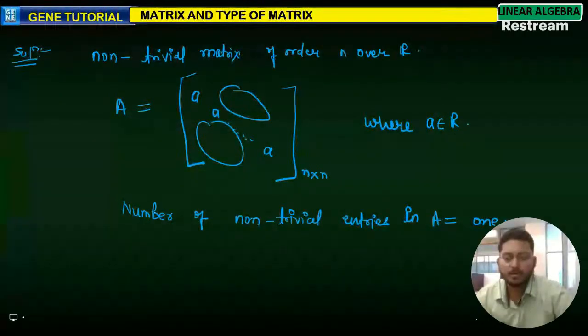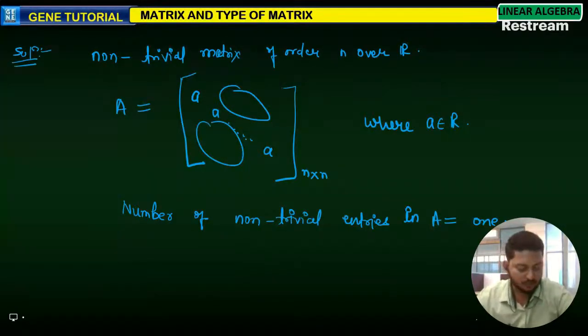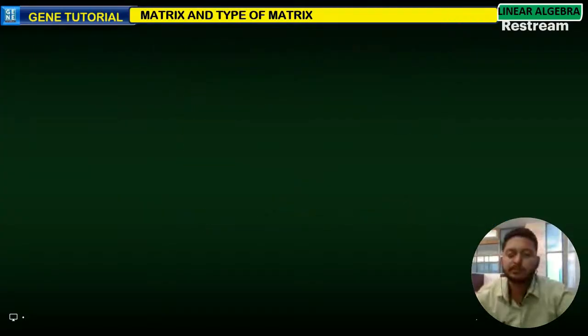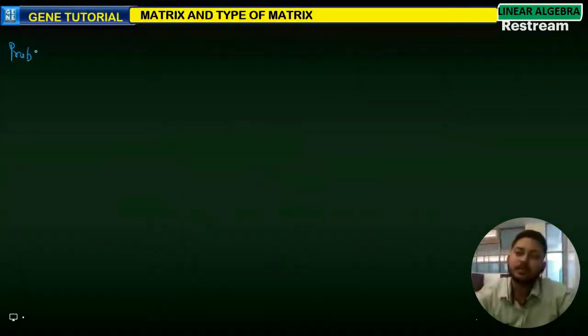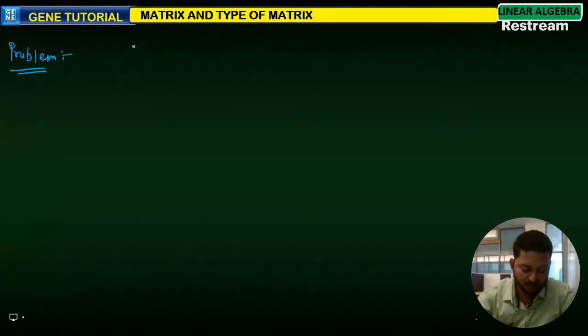We will study this question next, but one important problem which is basically asked in exams is also related to commuting with every diagonal matrix of order n. Let us see the problem.